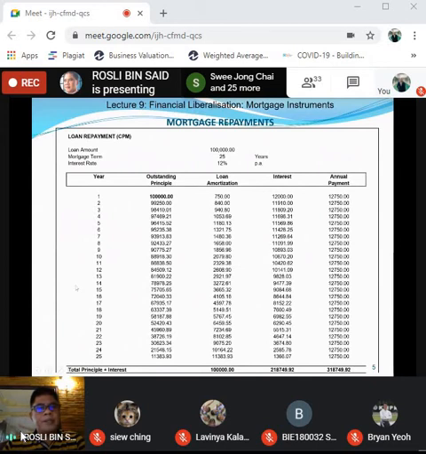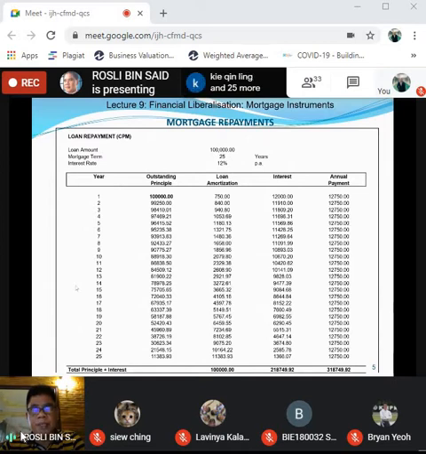So based on that calculation, now we go to the figures that we should have throughout the mortgage period.